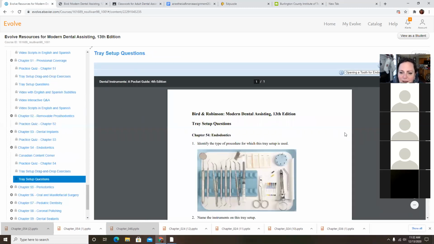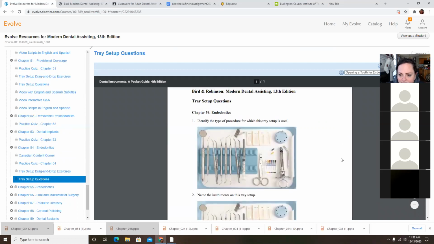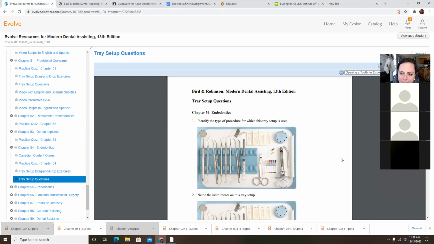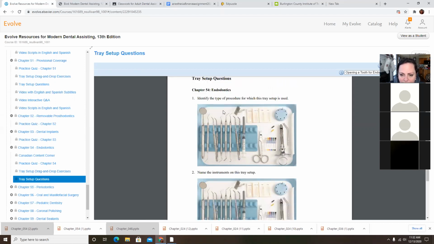Here we go. Okay, so this is what a tray looks like when it's set up for endodontic treatment. And let's go through these instruments one more time. So we have mirror, endo explorer, locking cotton pliers. We have a spoon excavator, long shanked spoon excavator for endo.